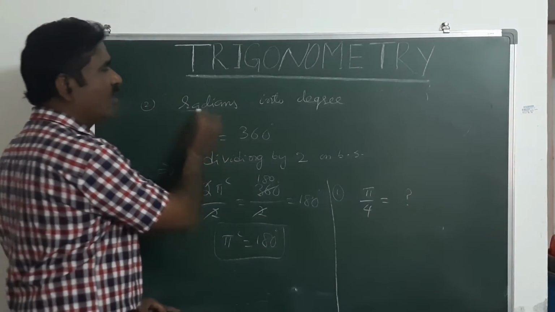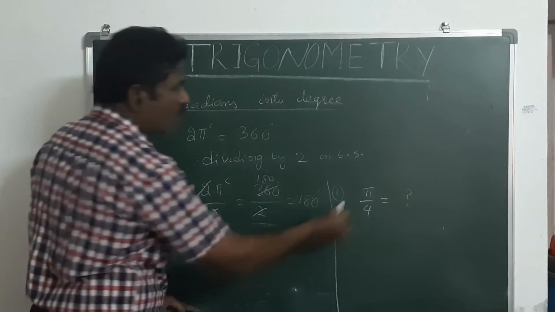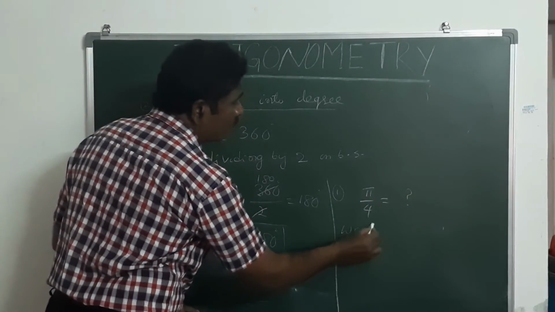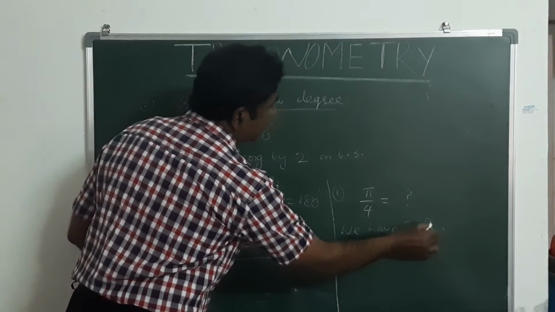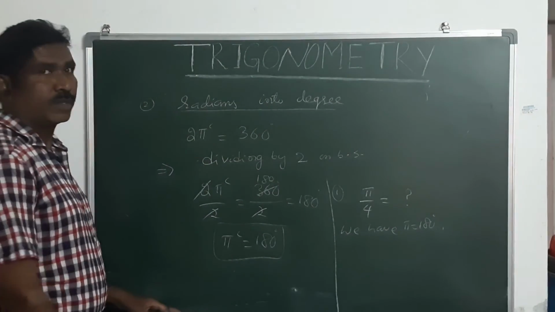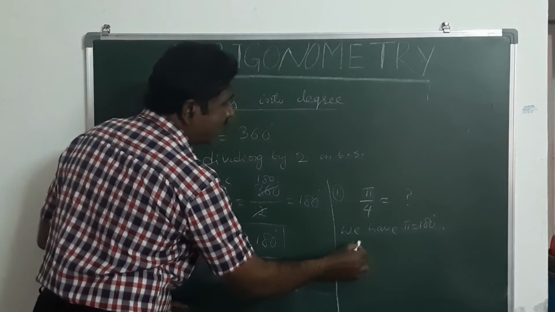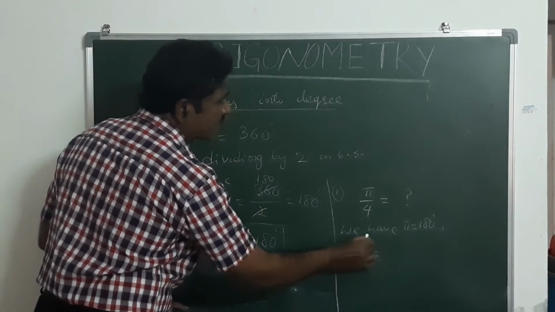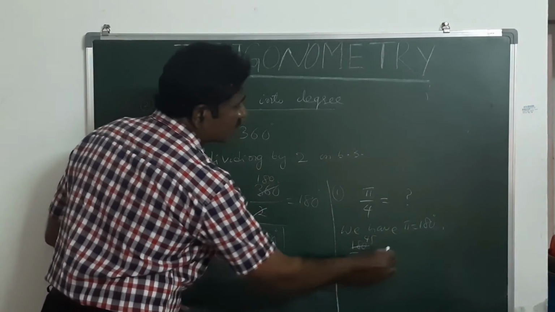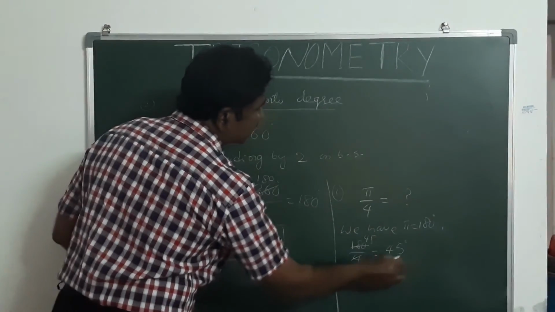We have pi equals 180 degrees, so divide 180 by 4: 4 fours are 16, 4 fives are 20. So 45 degrees.